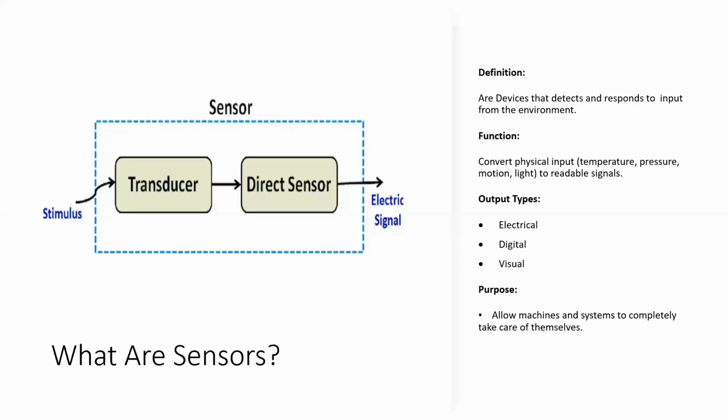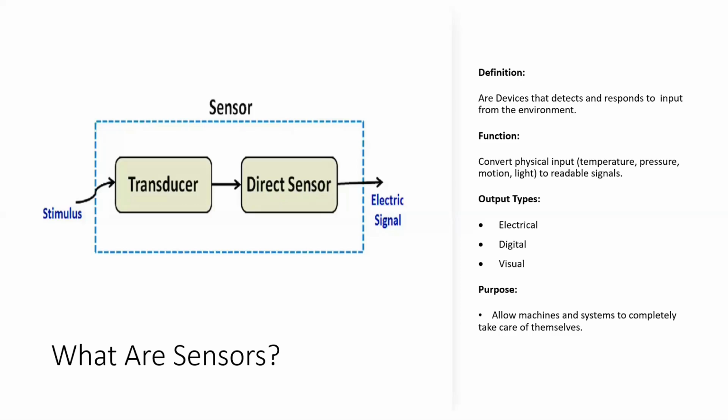So without wasting much time, we would like to go over to the next slide, which asks directly the question what sensor is all about. Looking at the block diagram presented here, sensors are devices that detect and respond to input from the environment. These inputs can be in the form of temperature, pressure, or light. Sensors just sense these physical inputs, although they cannot work alone.